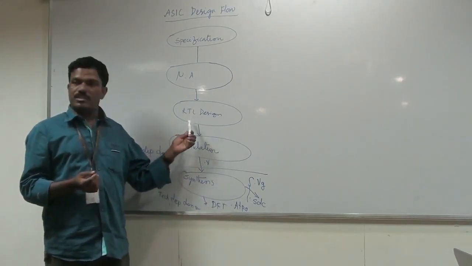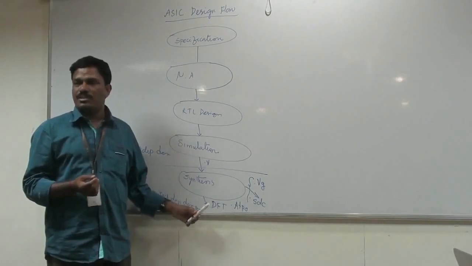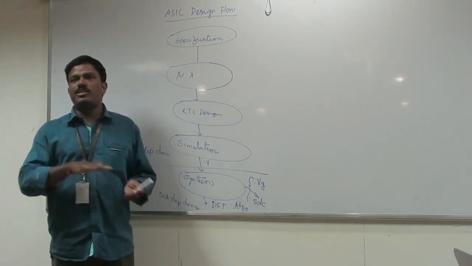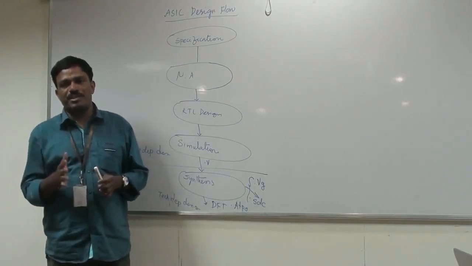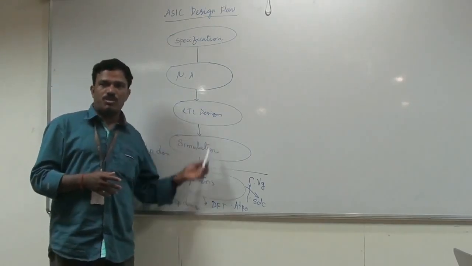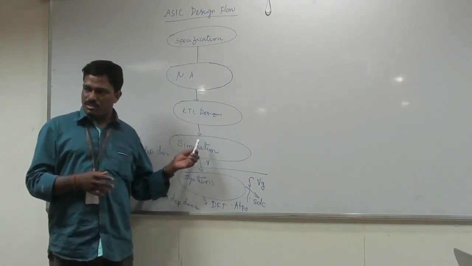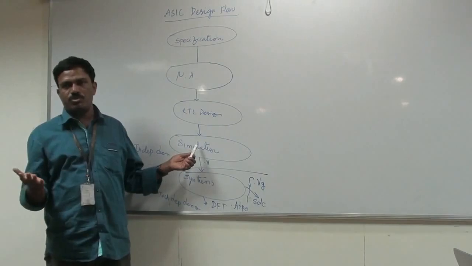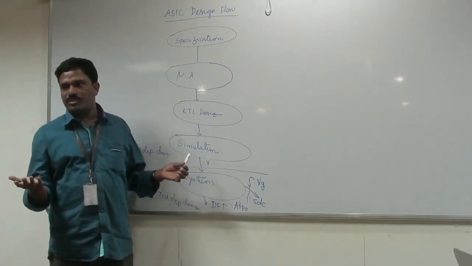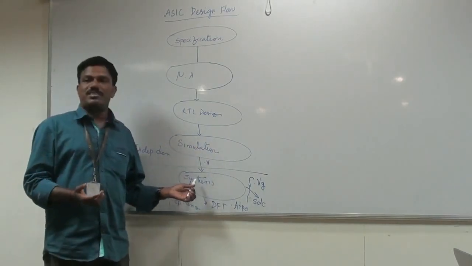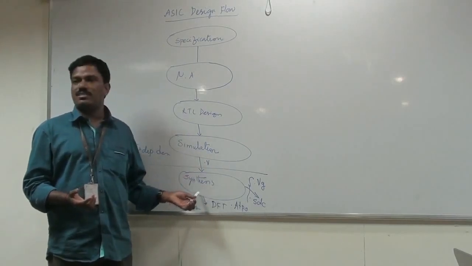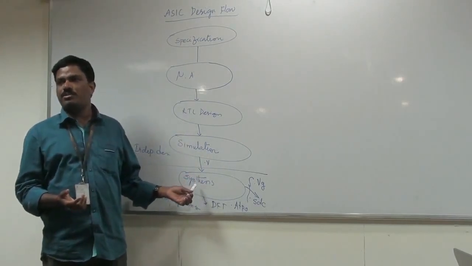So from simulation to DFT, we need to migrate across 3 to 4 tools. Only one EDA tool is not sufficient to cover all these issues. So in simulation, we have to do it with different tools. Synthesis, we have to do it with different tools, right? The industry standard sign-off tool for synthesis is Design Compiler from Synopsys.